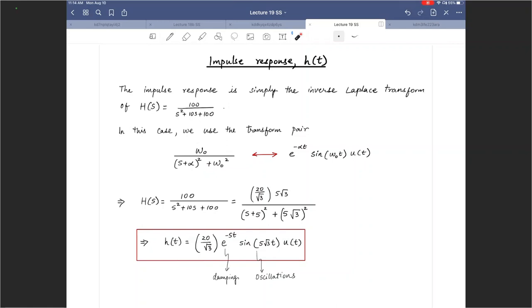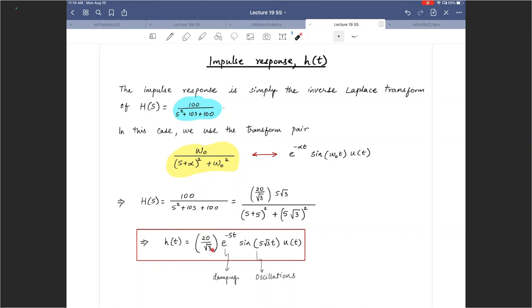By writing this into this form, we find that alpha comes out to be 5 and omega naught comes out to be 5 square root 3.